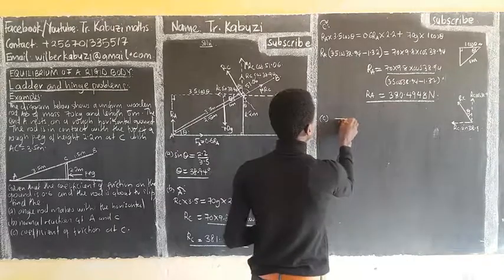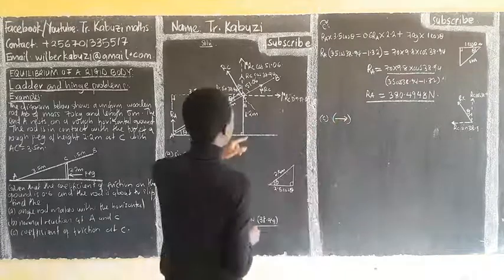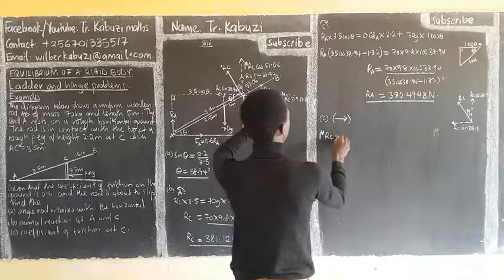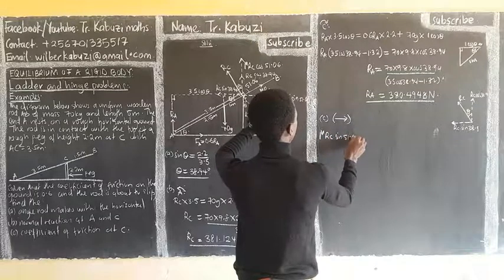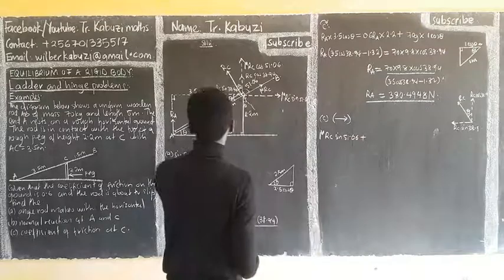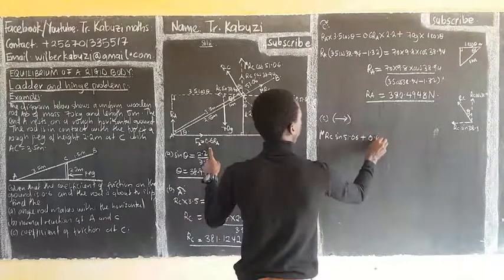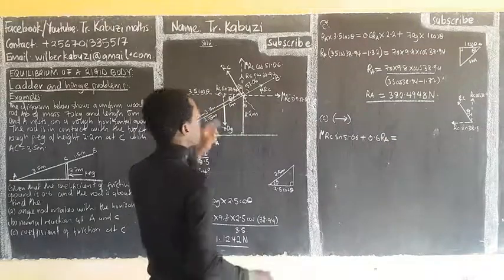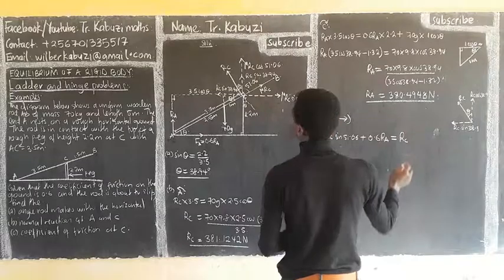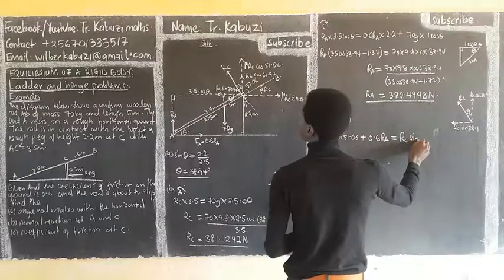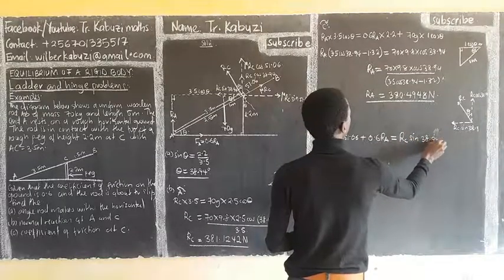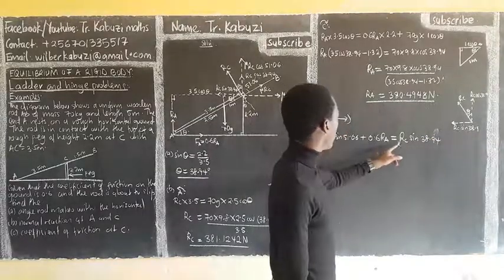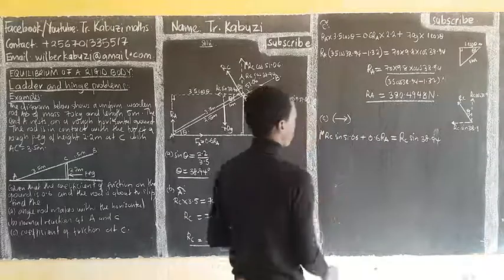Resolving horizontally, first of all we have mu RC sine 51.06, then plus we have this force 0.6 RA, which is the only opposing force going this side, equal to RC sine 38.94. So RC is the only thing that we need. So I put everything there.